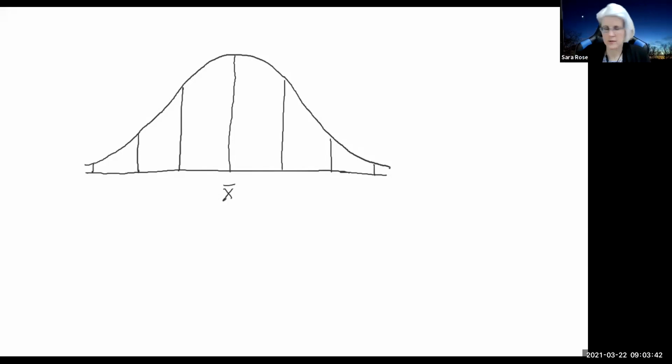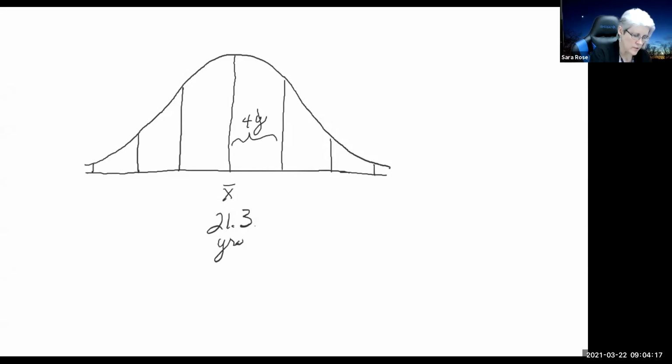For instance, we might look at the average age in this class, and I'm taking a wild guess because I didn't get enough responses to the survey to know. So maybe 21.3 with a standard deviation of, let's say, 4 years. So 21.3 years and a 4-year standard deviation.